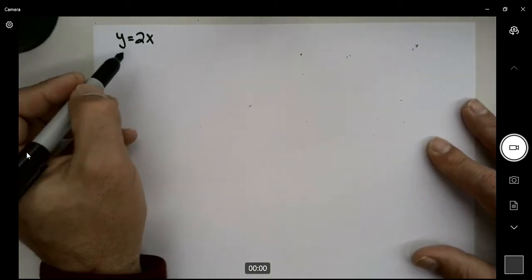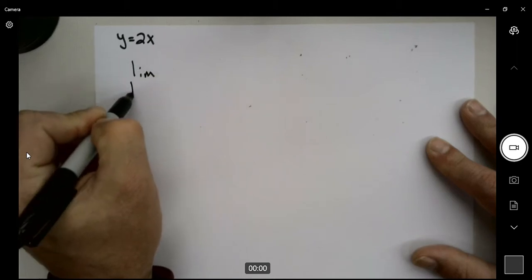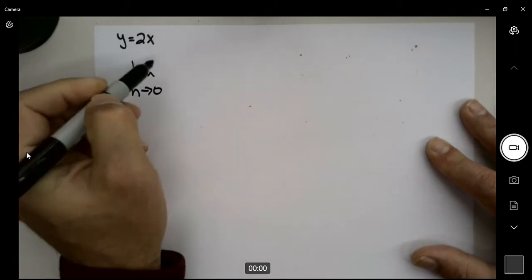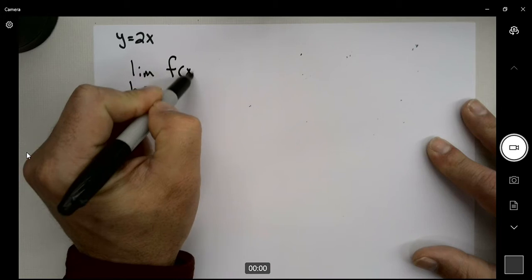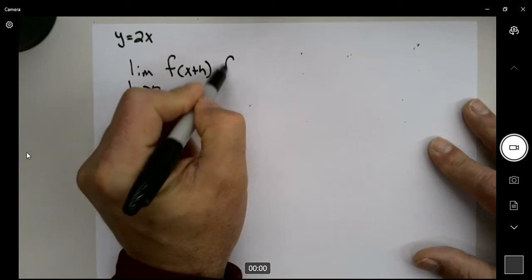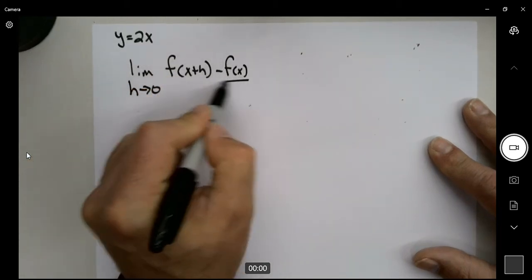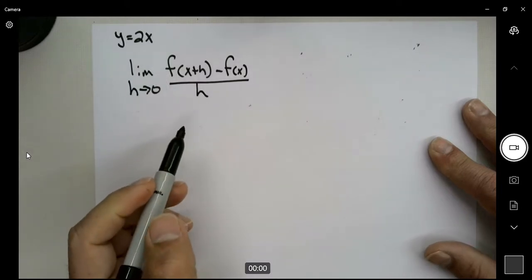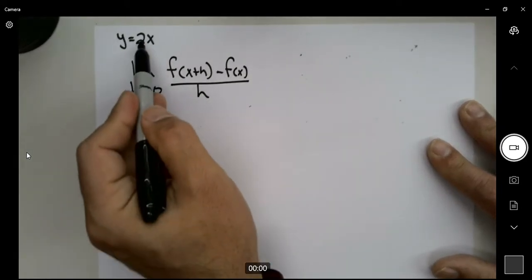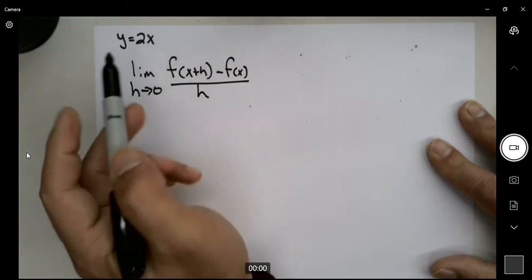So let's use our definition, the limit as h approaches 0 of f of x plus h minus f of x over h. Now we're going to substitute here because our function is not x, it's 2x.